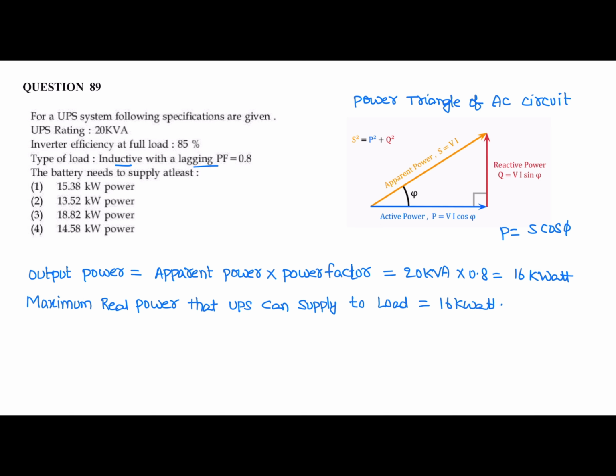Now, power output from the battery is output power by inverter efficiency. Output power is 16 kilowatt and the inverter efficiency given is 85%, that is 0.85. The answer is 18.82 kilowatt power. The correct option is 3.